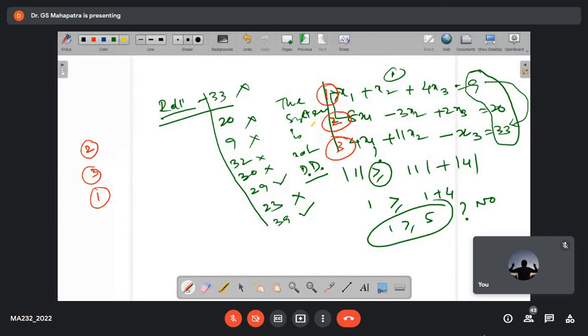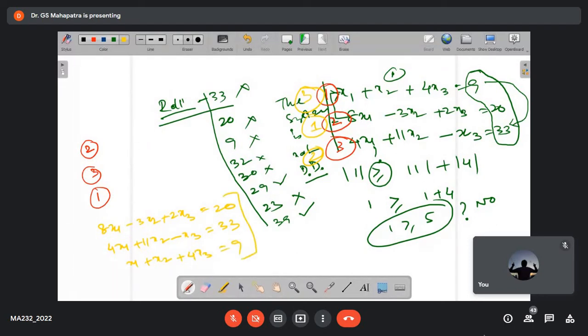So let us consider the new positions. After rearranging the equations: 8x1 minus 3x2 plus 2x3 equals 20. The second one is 4x1 plus 11x2 minus x3 equals 33. And finally, x1 plus x2 plus 4x3 equals 9.